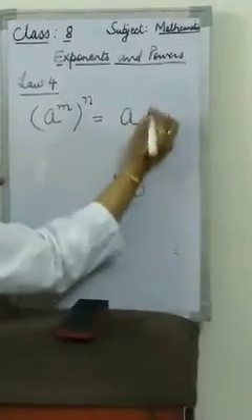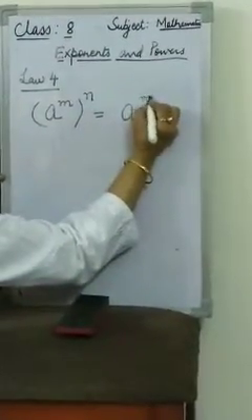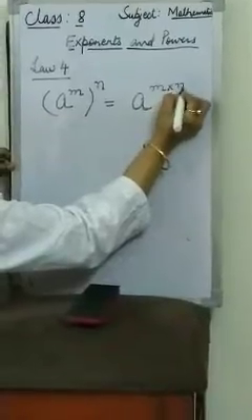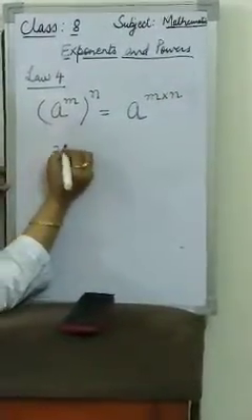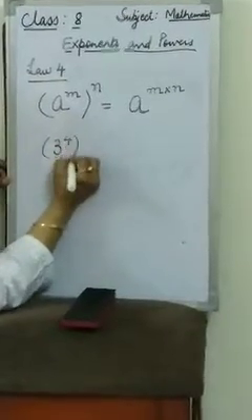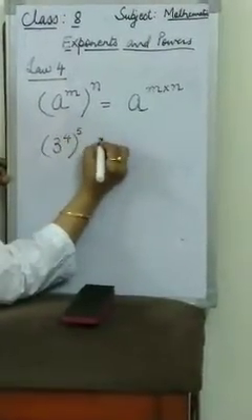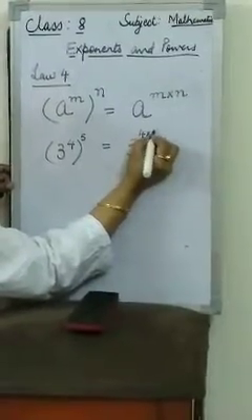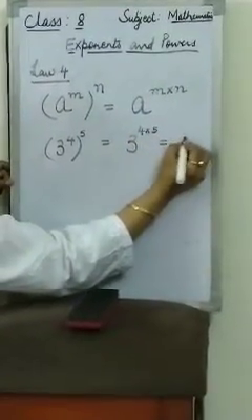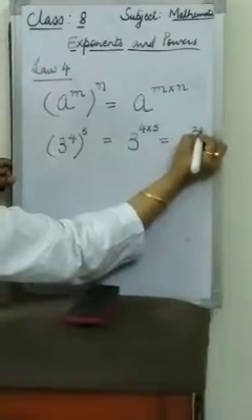So it becomes a to the power m into n. Suppose we have 3 to the power 4, and then to the power 5. It becomes 3 to the power 4 into 5, that becomes 3 to the power 20.